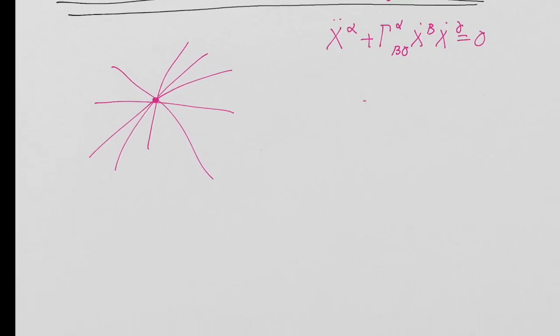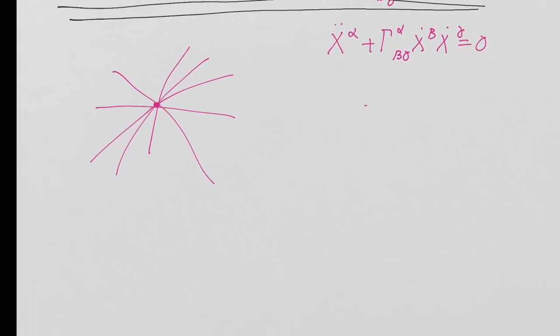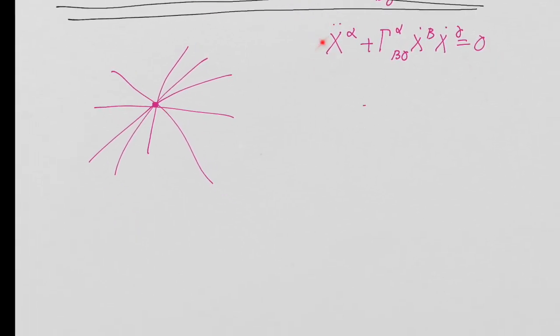So we have this arbitrary coordinate system. The geodesics are now given by x alpha of tau, and each one of these is a geodesic.